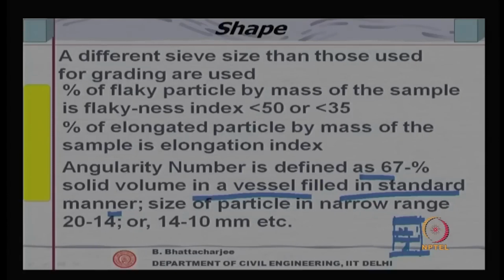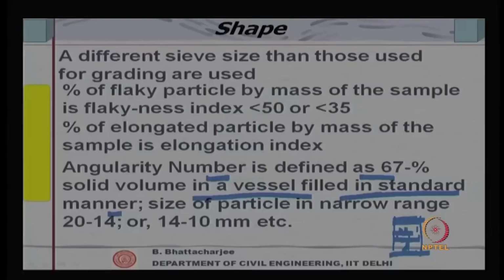67 minus this solid volume is the angularity number, because rounded aggregate packs better. The 67 has come from there actually. It is expected that rounded aggregates will give you a packing quality of 67 when you choose specific sizes.